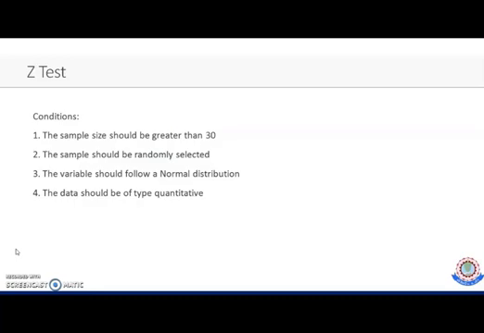In a given observation to be analyzed, the sample should be of size greater than 30, and the sample should be randomly selected. The variables corresponding to each sample must follow a normal distribution, and the data represented should be of type quantitative. So these are the conditions to be adhered to while doing Z-test.